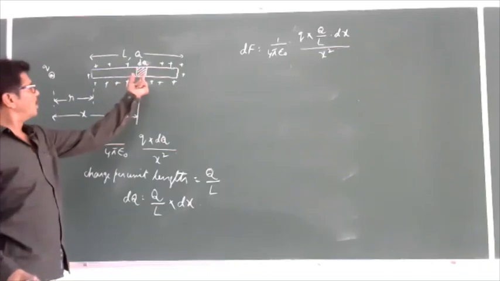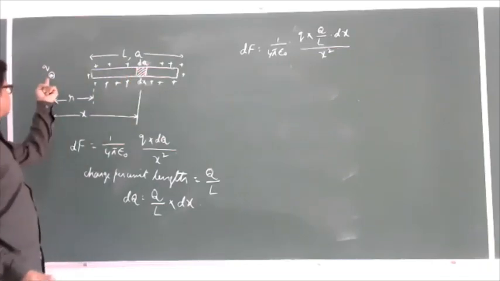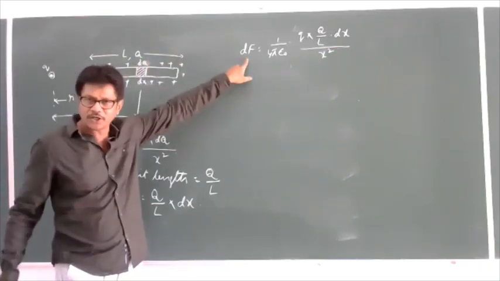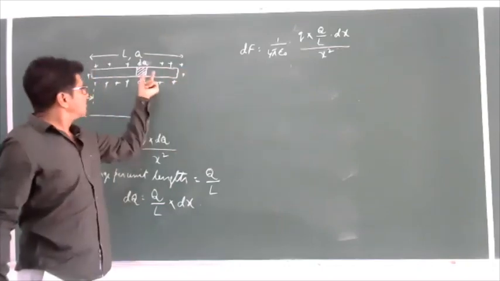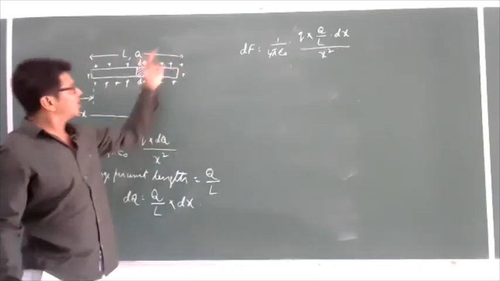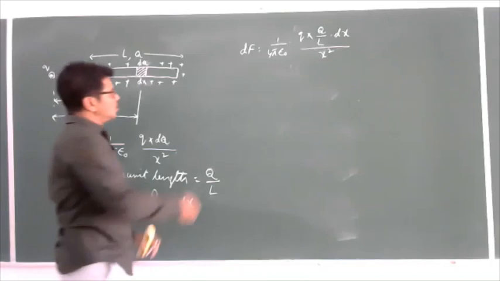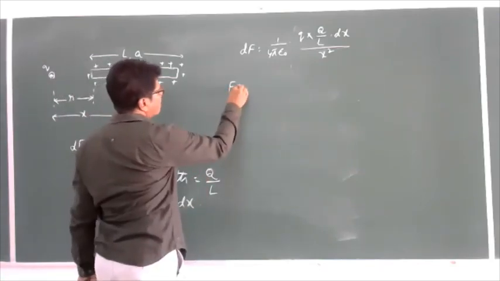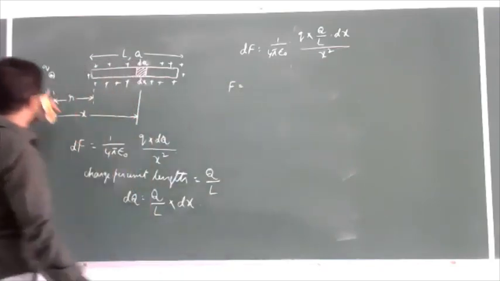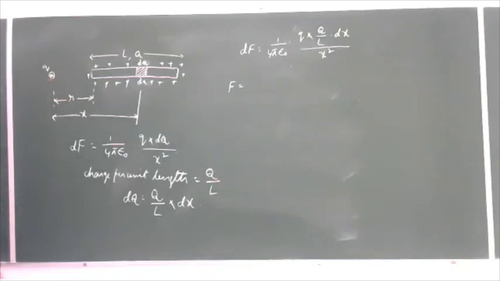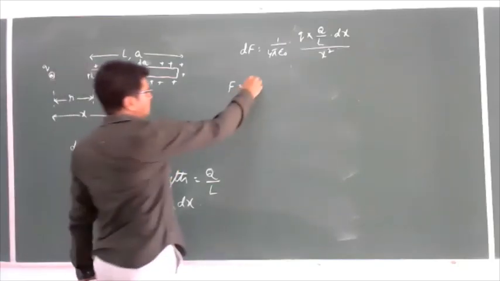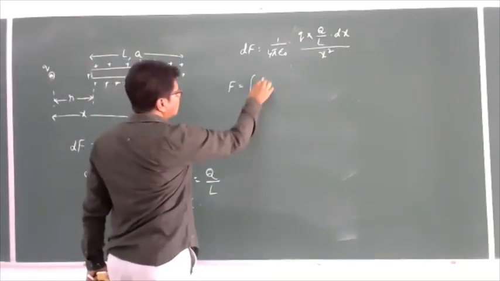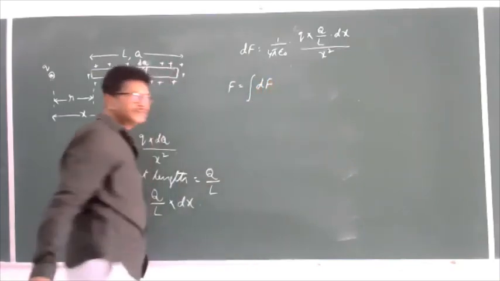So this small segment will experience this much force on small q. If you take one more element, then the total force acting on small q is equal to the integral of dF.